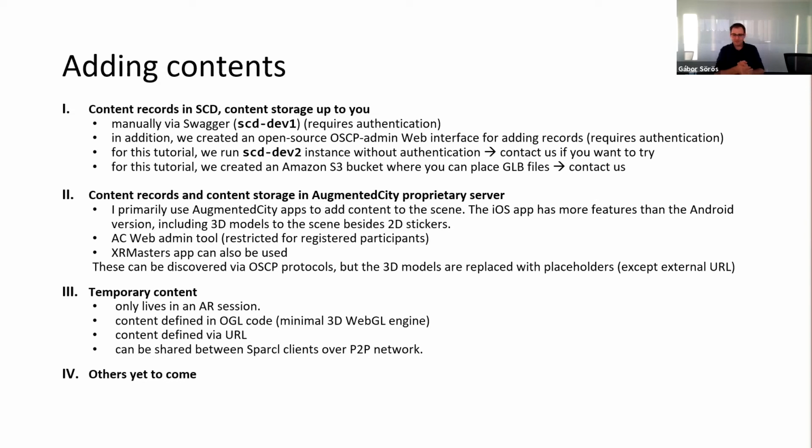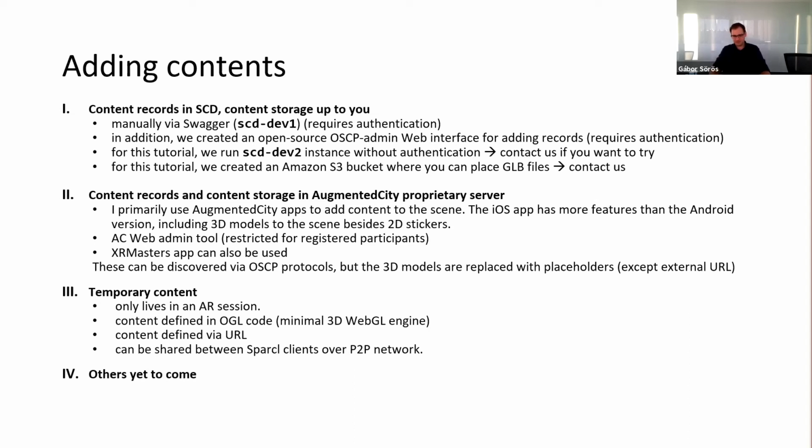For that, there are their own tools, for example this map-based Web API that I mentioned. But this is restricted to developers who take part in this tutorial. Contact us for this. But otherwise, you can take the Augmented City app, or you can take the XR Masters app that Ali presented earlier, and all these are compatible with the system. So you can just place these 3D models with the help of these apps.